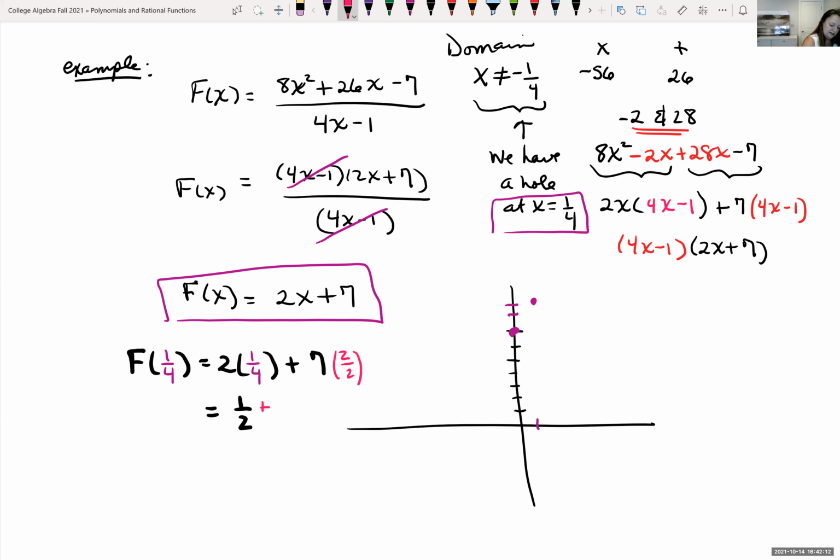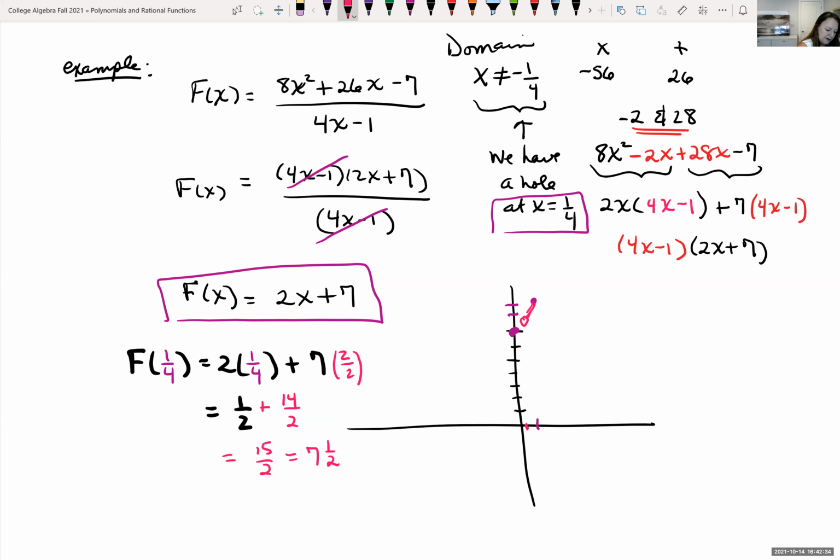But this is 14 halves, plus 1 half, which is 15 halves, which I just said is the same thing as 7 and 1/2. So when x equals 1/4 here, we got this 7 and 1/2. So that's about right here, an open circle.